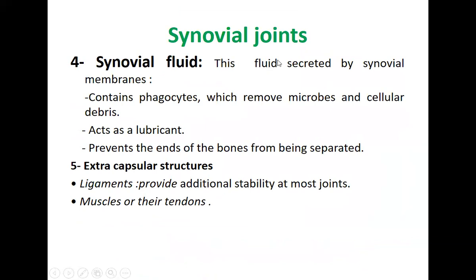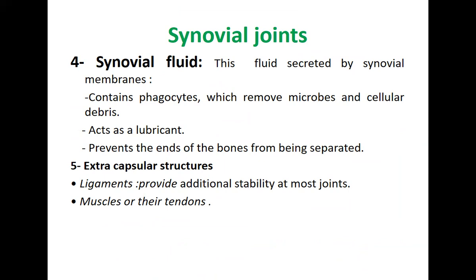This fluid secreted by the synovial membranes contains phagocytes which remove microbes and cellular debris, and it acts as a lubricant. If you remember, you put lubricant in your machines, in your car, so that there can be smooth movement of the engine.